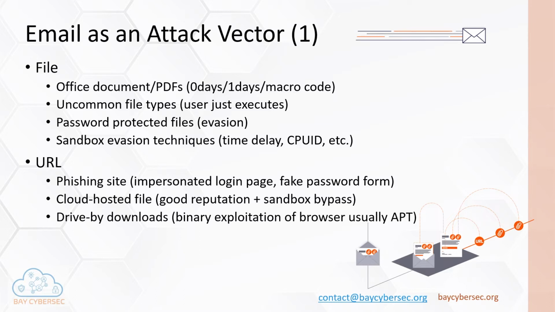We've seen a lot of uncommon file types, which basically means proprietary compression and archiving formats. We saw one called Golden Image Archives, or UUD files, which were very proprietary.